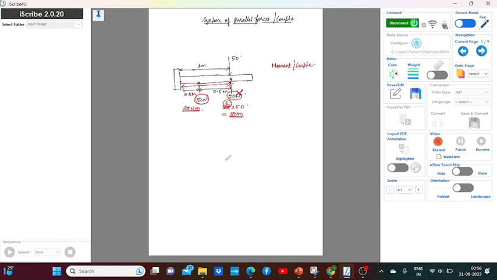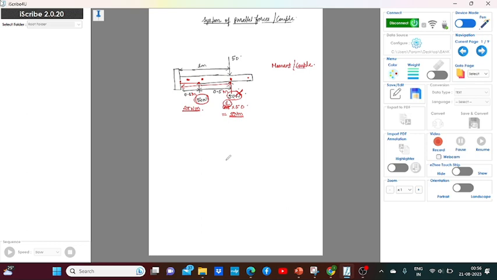In a practical example also, if you go to the door of your house and apply a force over here at a particular distance, you will find it very difficult to open the door. If you apply the force over here, that difficulty level will reduce. Similarly, if you apply the force over here, you can easily open the door with very less ability.